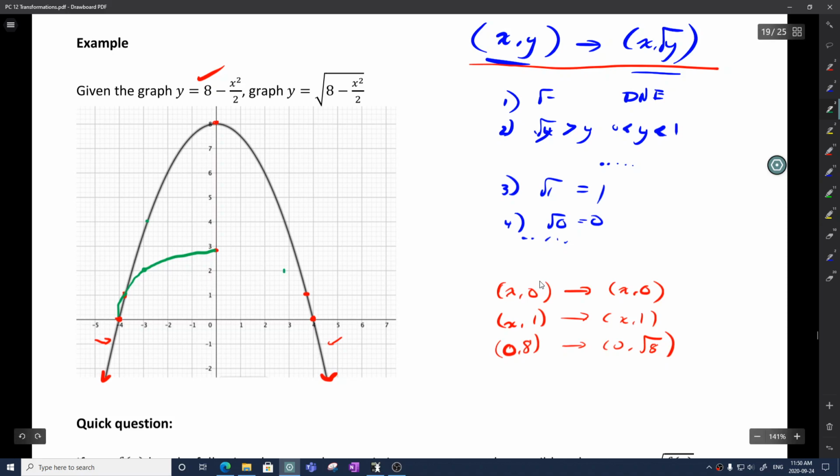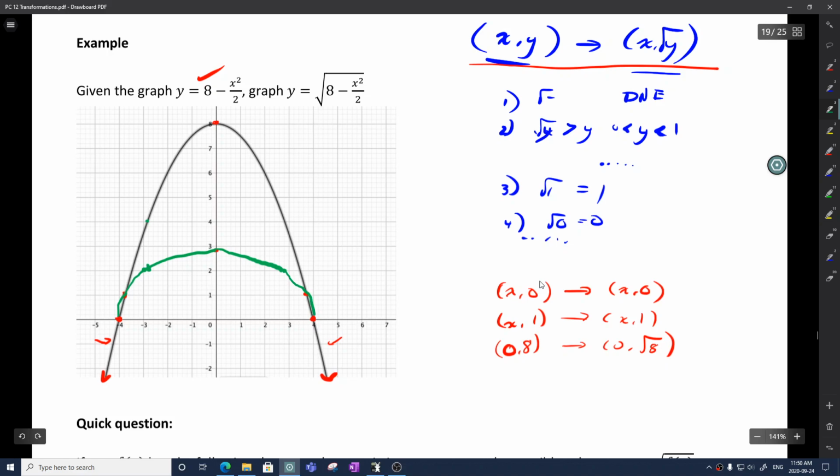I'm going to make it 2 right over here. Now, I think I might have made a mistake here because my y value was 4 and my x value was 2.9. So maybe I'm just going to move that over there. My y value was 4, take the square root, becomes 2. So now I have some points on my graph.